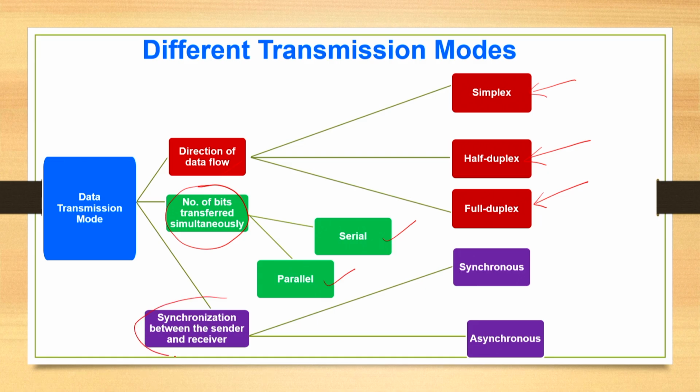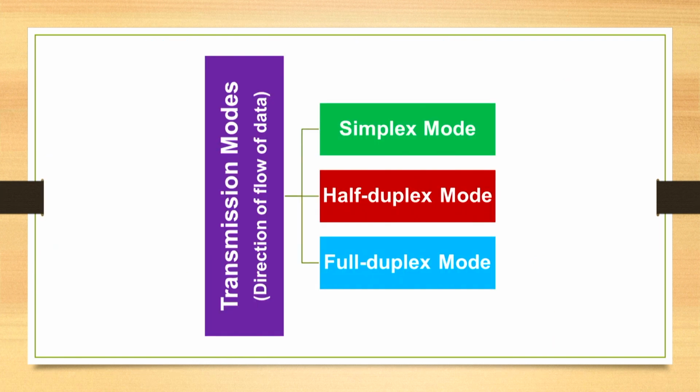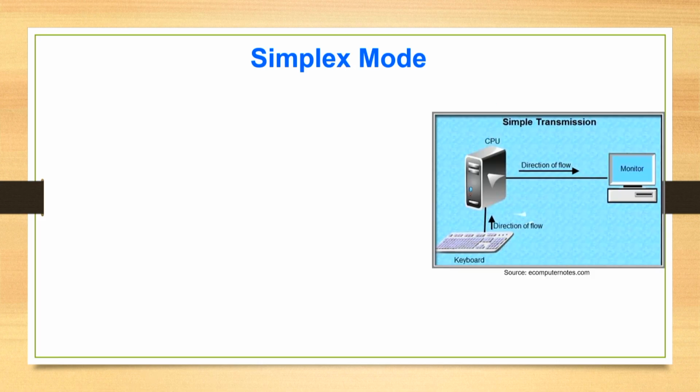Depending upon the synchronization between the sender and receiver, it may be synchronous or asynchronous. So let's first start with the transmission mode where we consider the direction of flow of data. It may be simplex, half duplex or full duplex. Let's go into the detail of each of them.